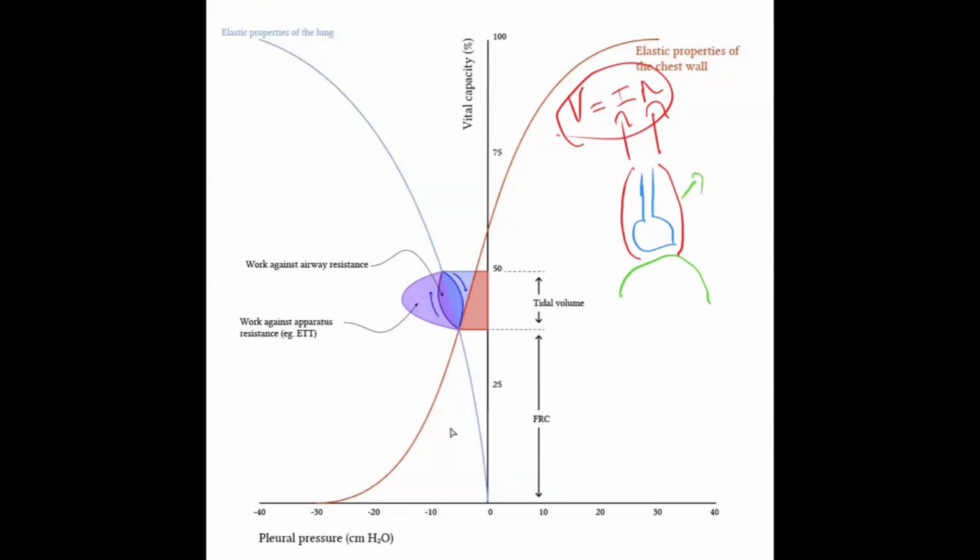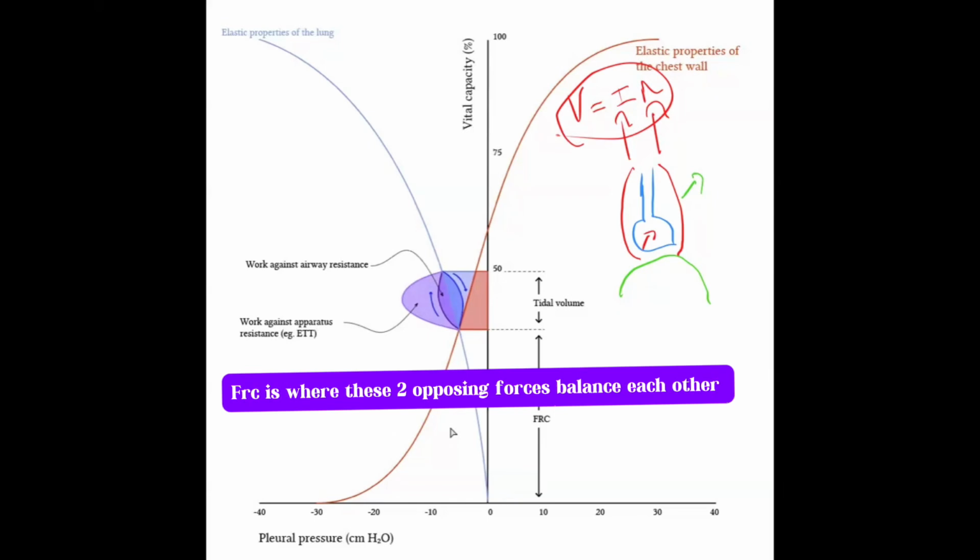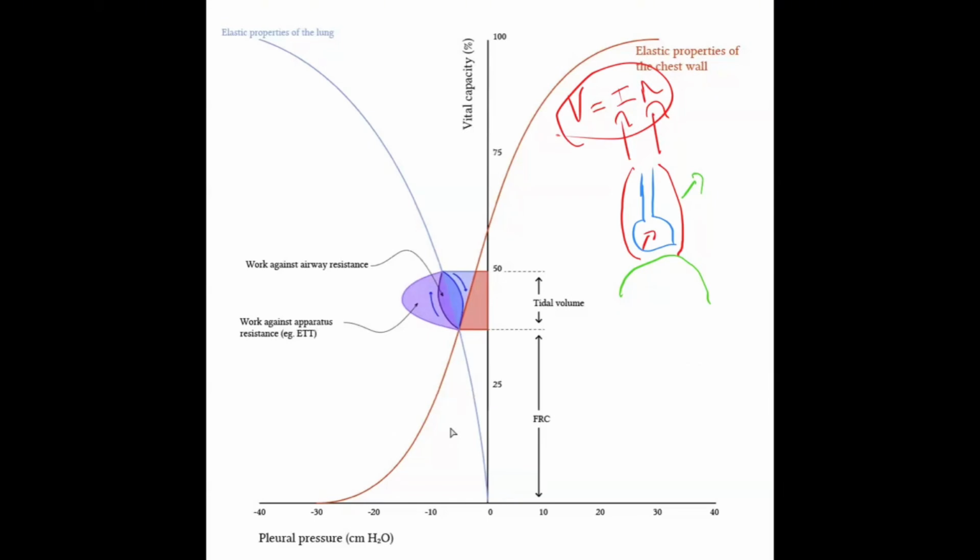The natural tendency of the alveolus is to collapse inward. And where these things balance out is the FRC, essentially. The FRC is the volume of your lung at the end of normal expiration. So after a normal tidal volume, you breathe a normal tidal volume out, the volume of air left in the lung is FRC, and that's represented here on the Campbell diagram.